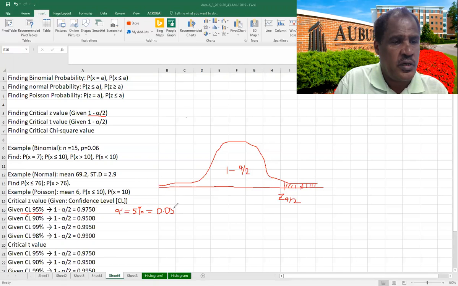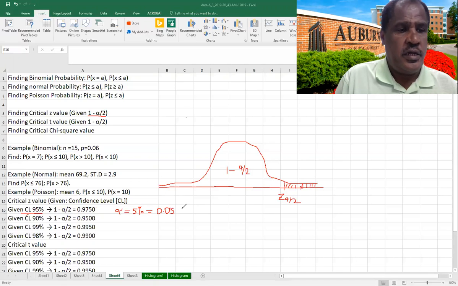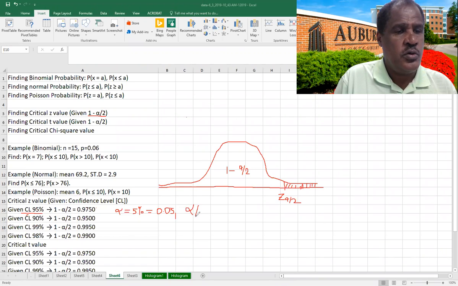Sorry for my clumsy handwriting. And that is, but we need to look for alpha over 2, okay? Alpha over 2 will be 0.05 over 2, which is 0.025.